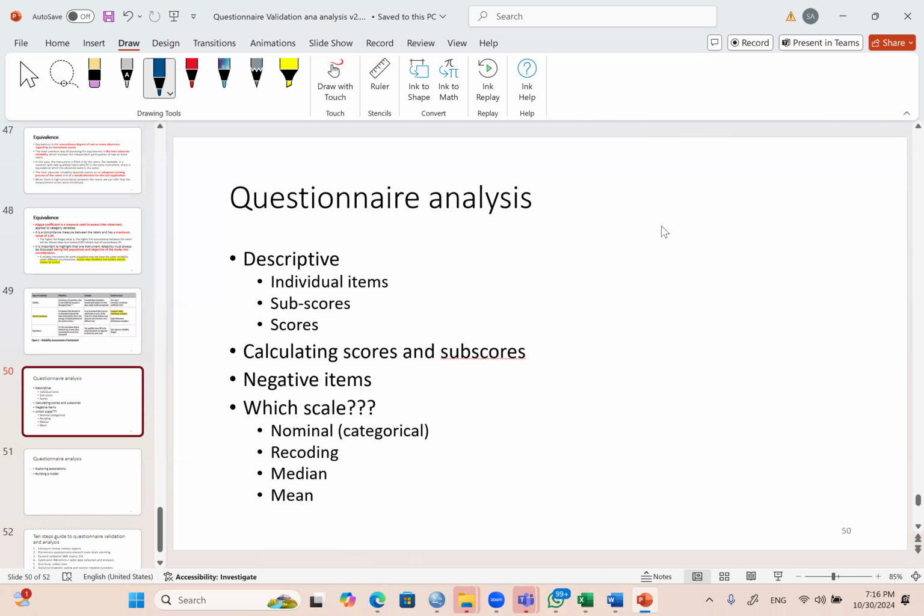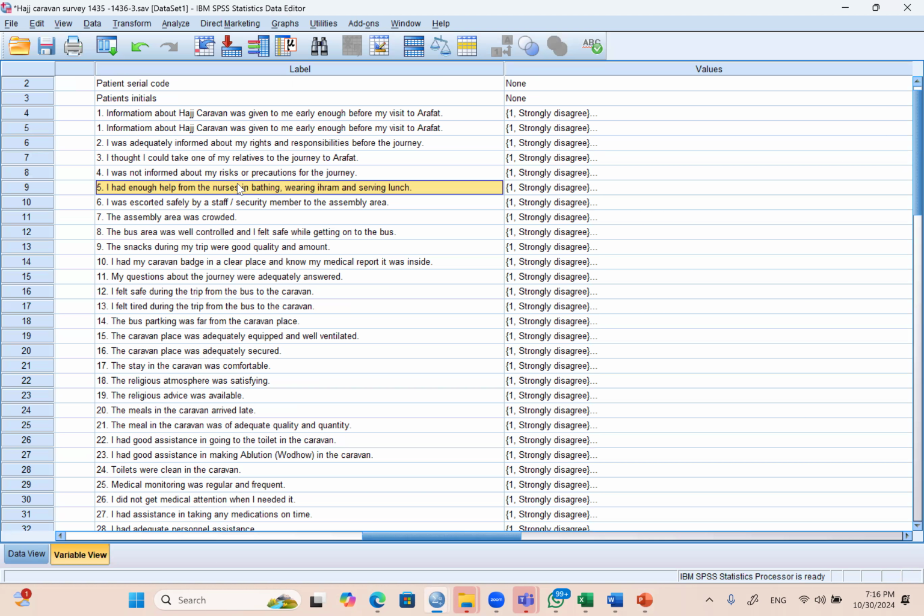Then perhaps you need to calculate subscores. It's like that caravan questionnaire. Perhaps we can make a group of information questions into a subscore. So we have a subscore from the sum or the average of the information questions. Then we have a subscore for questions about safety.